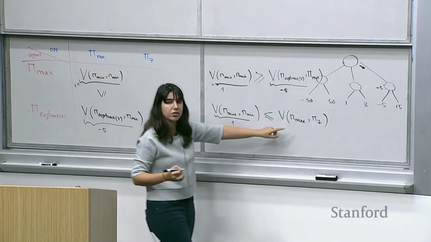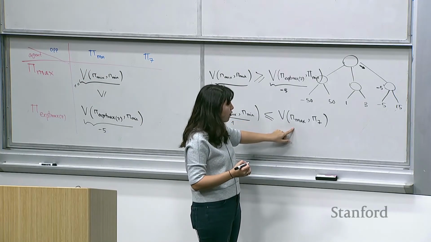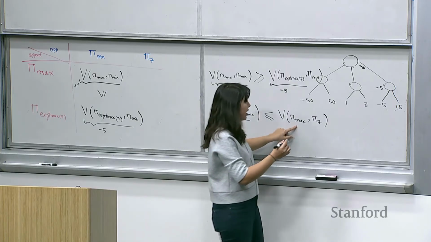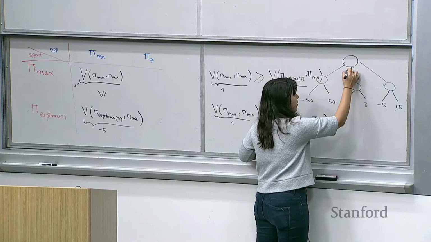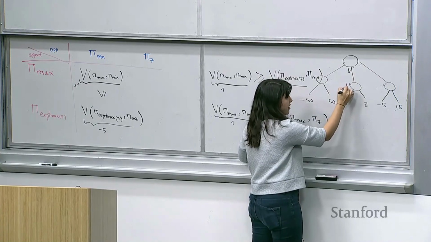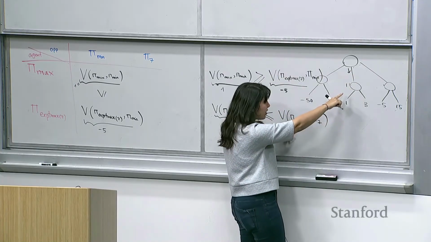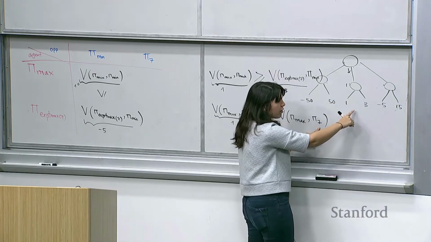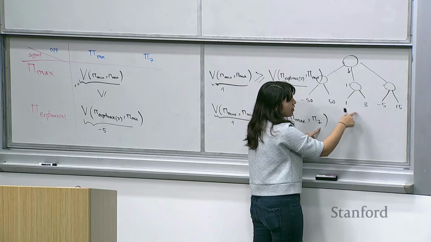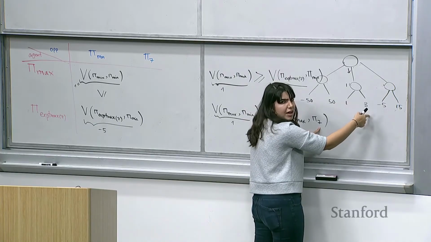What does this correspond to? So this is the value of pi max, which is: I'm going to assume you're trying to get me. If I'm going to assume you're trying to get me, I'm going to go down this route because that is the thing that gives me the highest value. But you're not trying to get me. You're following pi 7. So if you're following pi 7, you're just going to give me half the time 1, half the time 3.